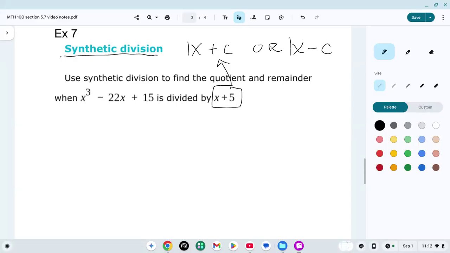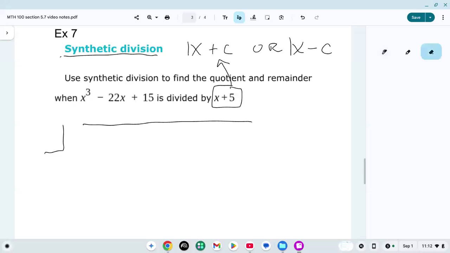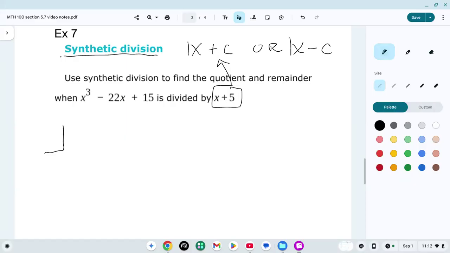Now, we are going to make what they call a synthetic division table. And our table will have a number out in front, and then we're going to list some numbers back here, okay? We're going to list some numbers.